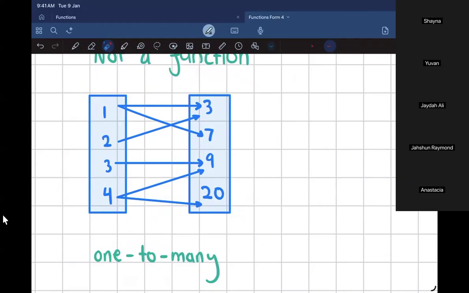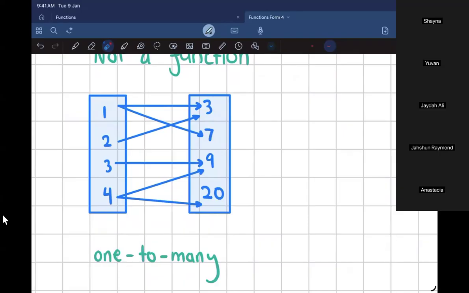Yes, sir. Okay. Do you understand why it doesn't make any sense for 1 to give you both 3 and 7? That part is confusing you? Yes, sir.